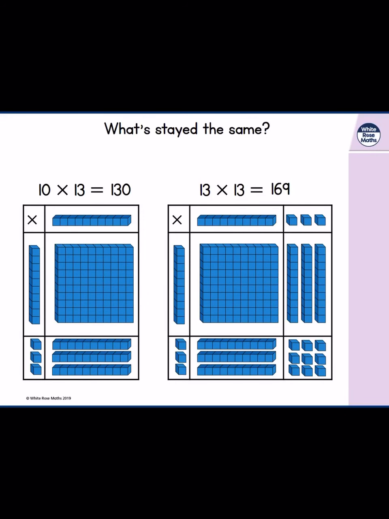Let's take those two models we just calculated then. 10 times 13 and 13 times 13. What stayed the same? Well, I'm noticing that the 10 times 13 is the same on both models. But what's changed then?